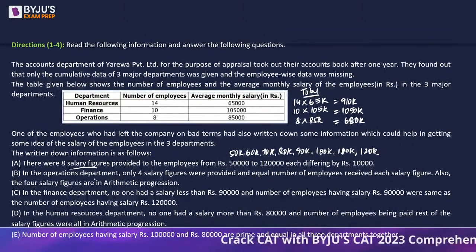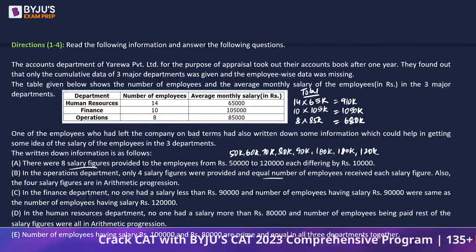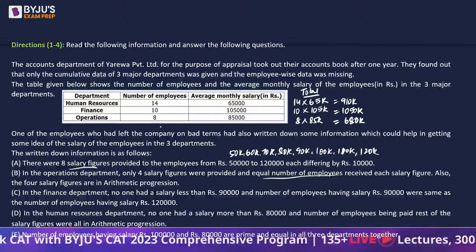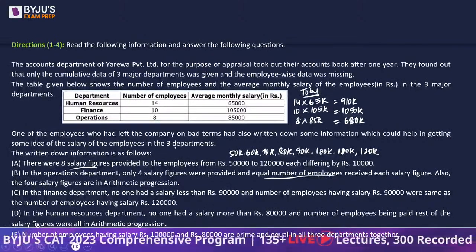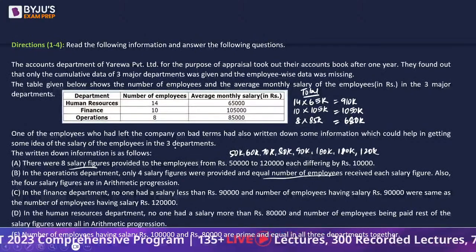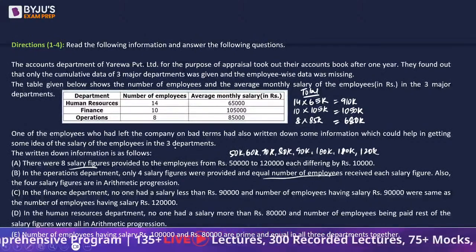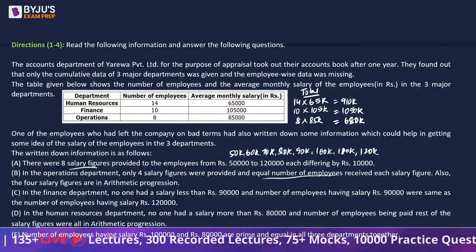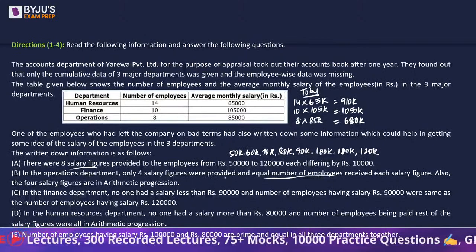Okay, next. In the operations department, only 4 salary figures were provided and an equal number of employees received each salary figure. So if you look at operations, there are 8 employees, 4 salary figures were provided and everyone had the same number, right? And the 4 salary figures are in AP.